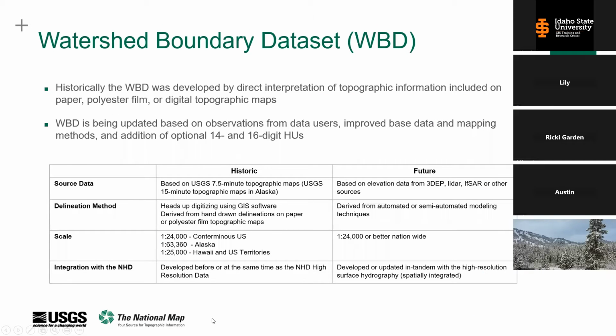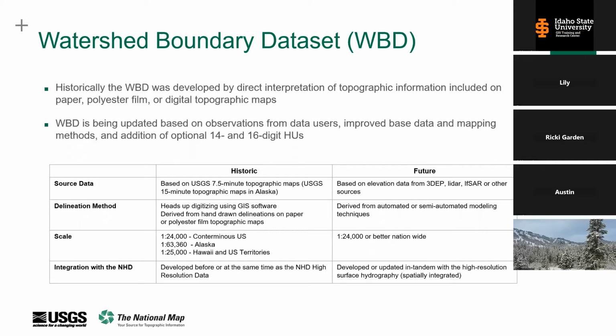So historically, the WBD was developed by direct interpretation of topographic information included on paper, polyester film, or digital topographic maps. The WBD is being updated based on observations from data users, improved base data, mapping methods, and the addition of optional 14 and 16-digit hydrologic units.